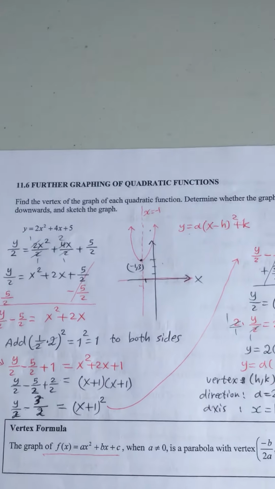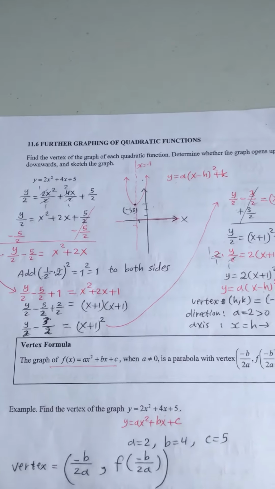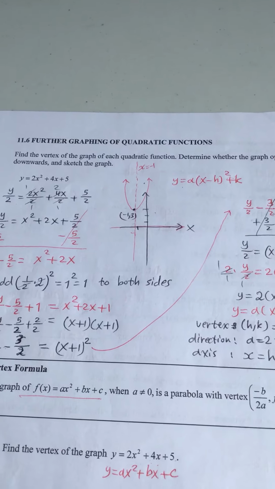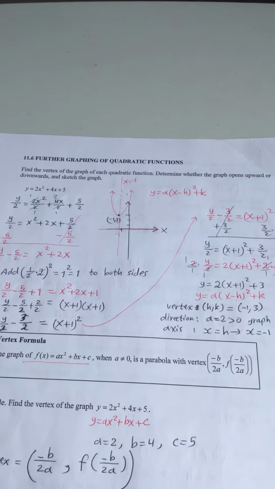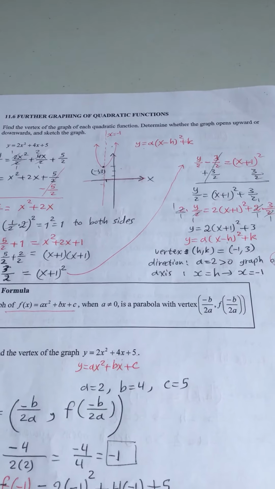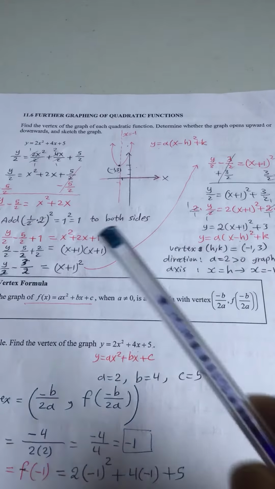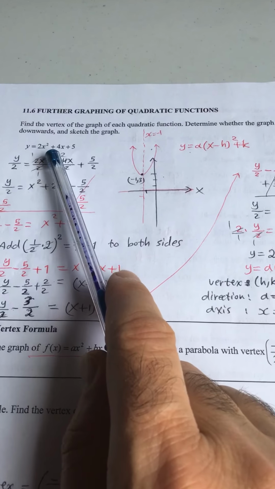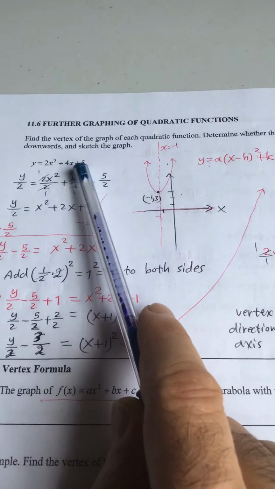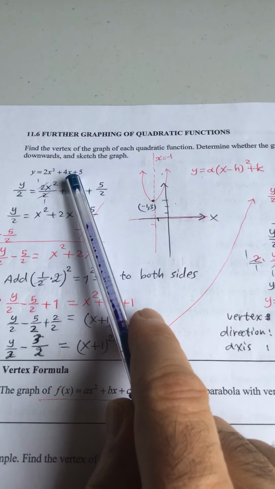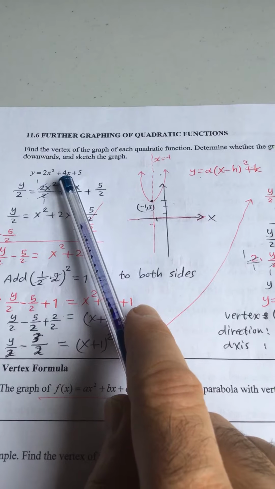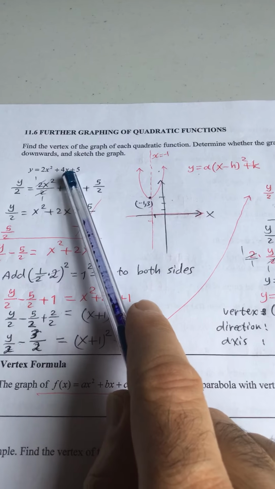Section 11.6. Further graphing of quadratic functions. So sometimes the equation is written in this form, like this: y equal 2x squared plus 4x plus 5. So this is not written in the form before, like f of x equal a times x minus h squared plus k.